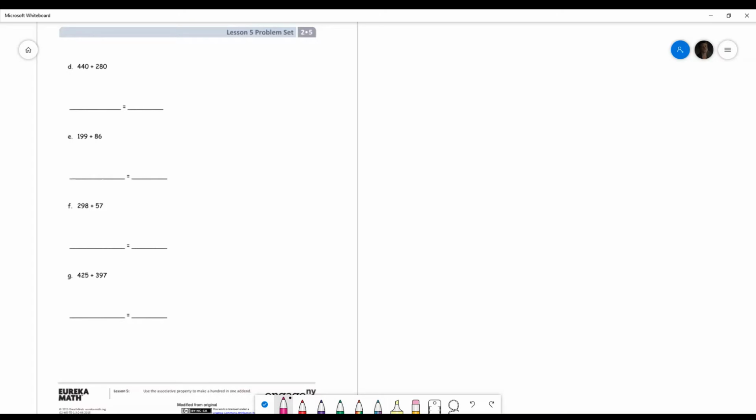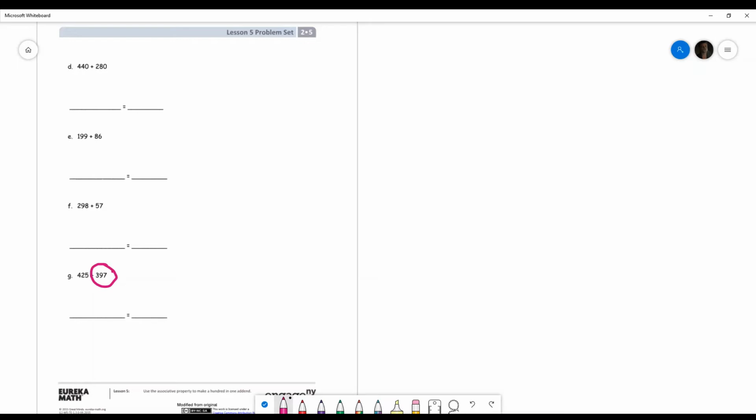Which one is closer to the next hundreds? If I were doing this problem, I would turn 397 into 400. So you're going to have to turn 425 into a number bond to add what you need to get 397 to 400.